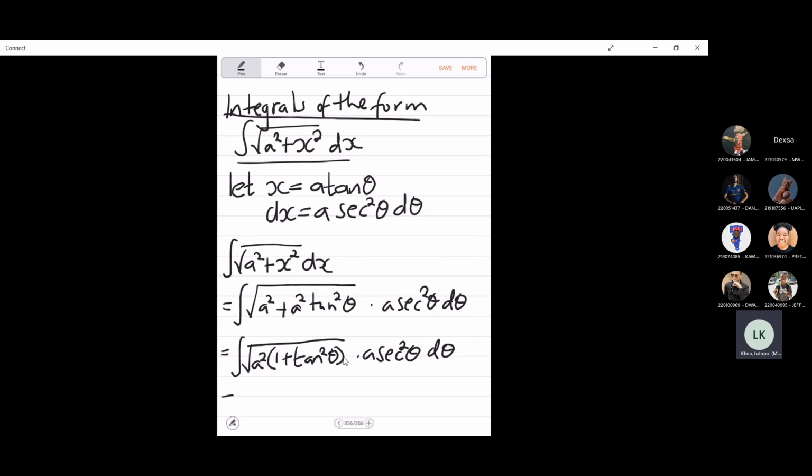So what we have to integrate is a squared and then sec to the power of 3 of theta d theta. Okay, so we know how to integrate this. We've done integrals where we have powers of all of our ratios. So we would split this up as sec squared times sec theta, then change the sec squared and rewrite it as 1 plus tan squared theta, and then integrate from there.